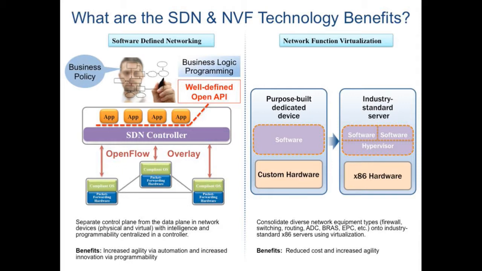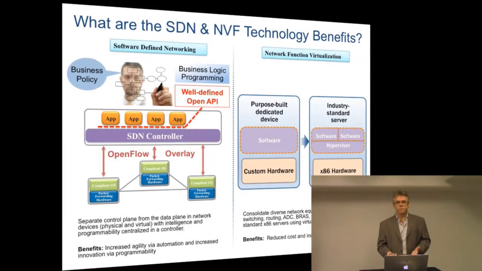NFV, summarized to its core, is an evolution of the form factor for network services, right? What's really great about NFV, network function virtualization, is that now you can instantiate, create, bring up, and consume those network services as software applications.